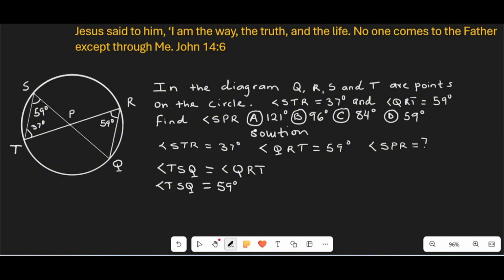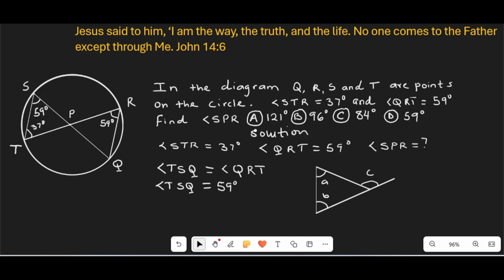Let us find angle SPR. But before we find angle SPR, let us consider this diagram. Now in this diagram, let us say this angle is A, this angle is B, this angle is C. Now according to the exterior angle theorem of a triangle, which states that the exterior angle is equal to the sum of two remote interior angles.